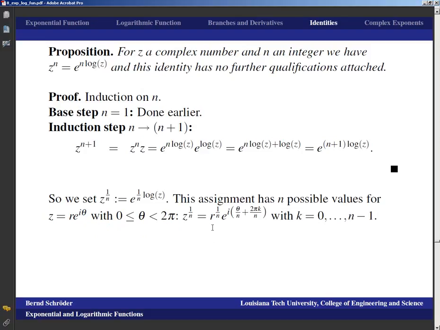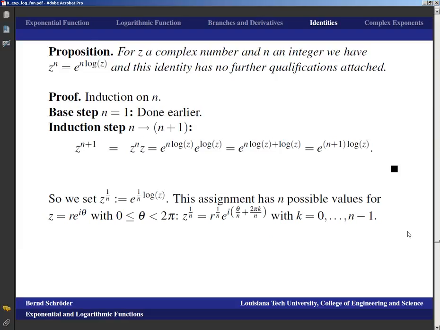Namely, z to the 1 over n is r to the 1 over n e to the i theta over n plus 2 pi k over n, where k goes from 0 to n minus 1, and that's because if you raise this to the nth power, then this part back here becomes 2 pi k i if you multiply it with n, and that of course gives us 1 when you stick it into the exponential function.